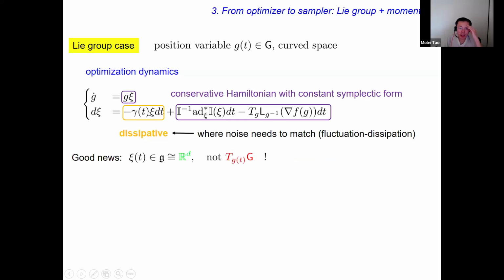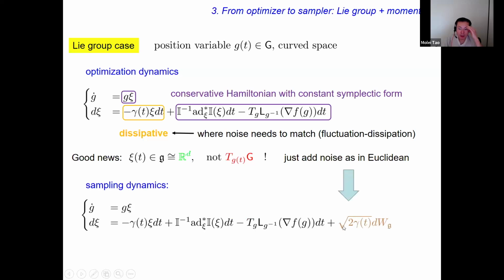But simply just to say, pretending you forget about the rest, and you just look at this. This is a simple Euclidean linear dynamics. You just add noise that is additive. So you just add Euclidean noise as if everything is in a Euclidean situation, and then you get some sampling dynamics.